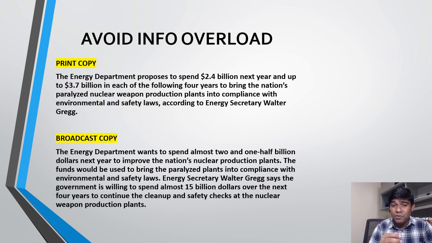So the funds would be used to bring the paralyzed plants into compliance with environmental and safety laws. Energy Secretary Walter Gregg says that the government is willing to spend almost $15 billion over the next 4 years to continue the cleanup and safety checks at the nuclear weapon production plants. So a single sentence written for the print media copy is broken into 3 to 4 sentences here for the broadcast copy, so that it does not become a burden for the listener.